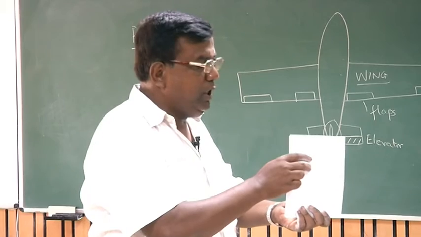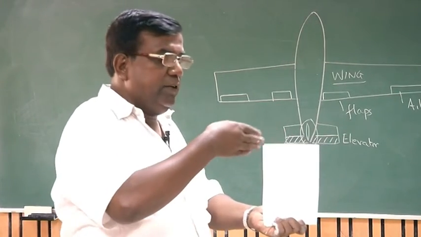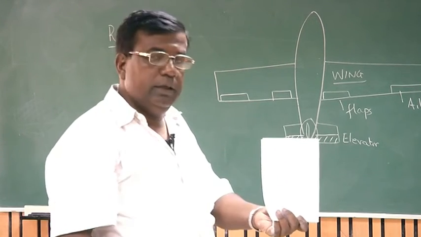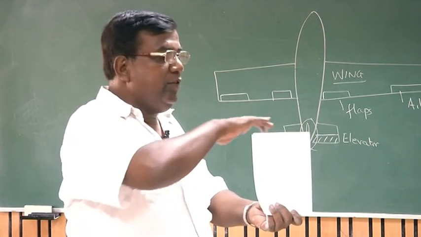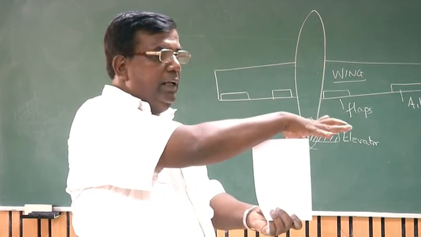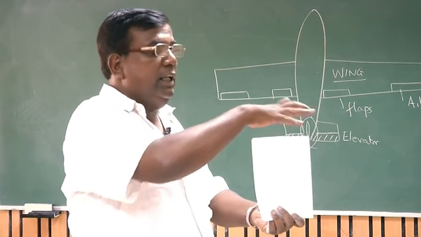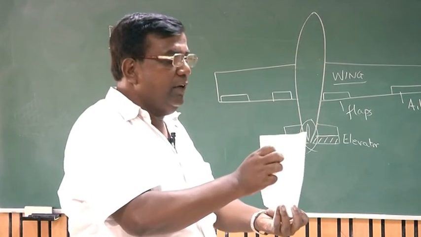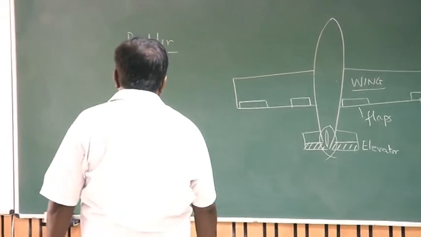Now, if I put this rudder towards my right, I am flying like this, so I have deflected towards the right. What will happen? If I deflect towards the right, then it will experience a force in this direction. That will give a yawing moment, which will take the airplane towards the right. That is, if I put the rudder towards the right, the airplane also will go towards the right, like this. If I put it the other way, towards the left, the airplane will go towards the left. So that is the function of the rudder.